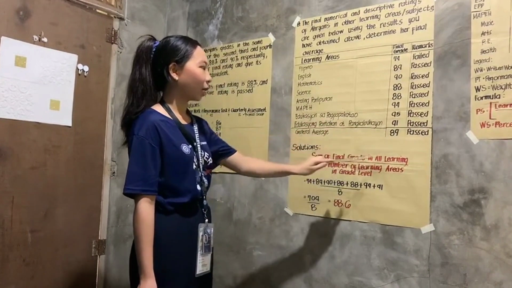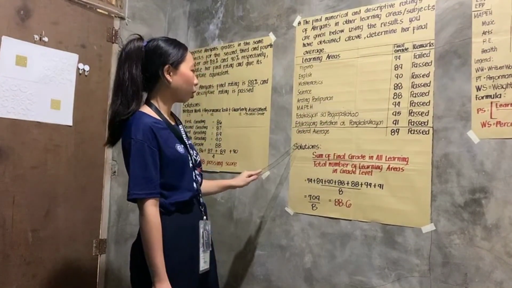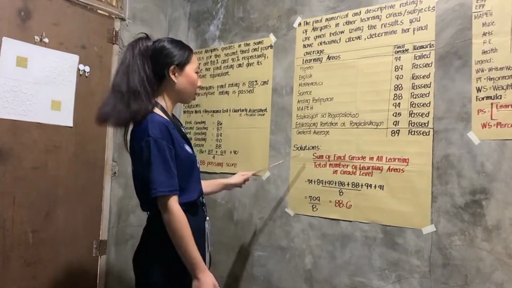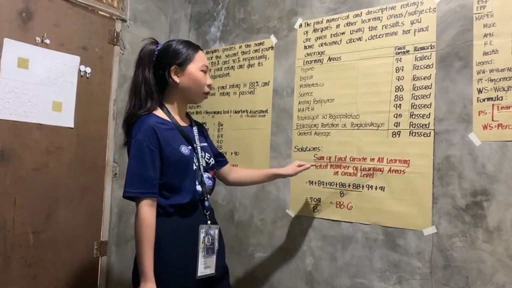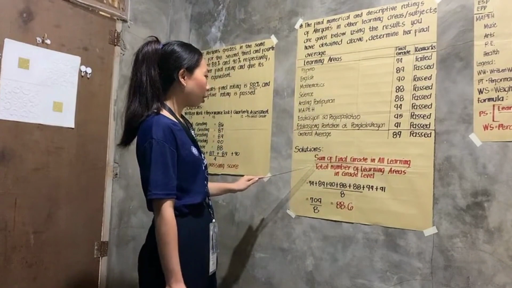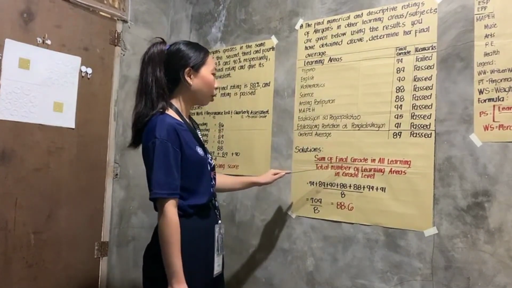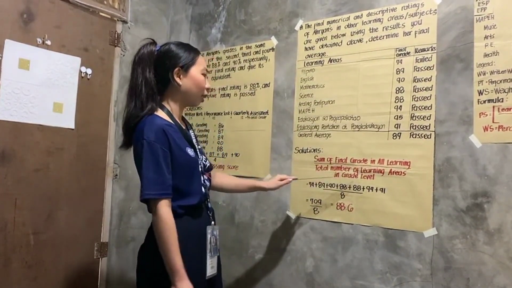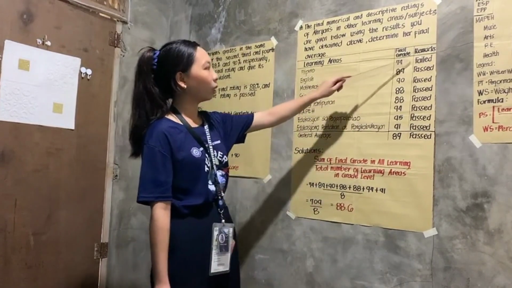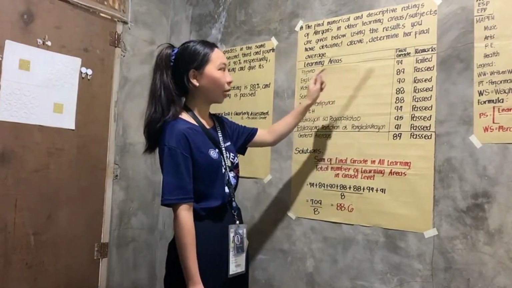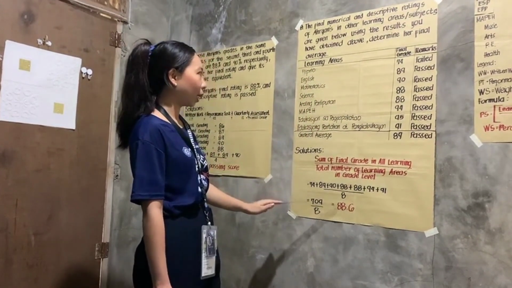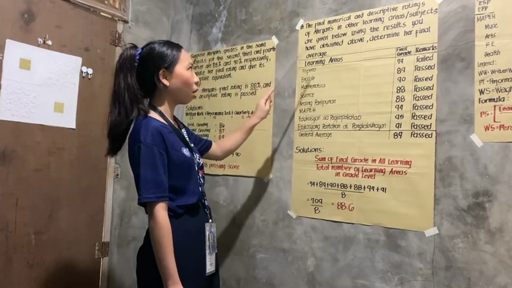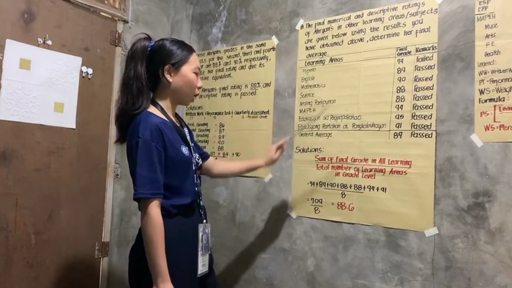How did I get this 89 grade? The formula that I used is the sum of final grades in all learning areas divided by the total number of learning areas in the grade level. So I will add all her final grades and divide it by 8 since these are 8 subjects.